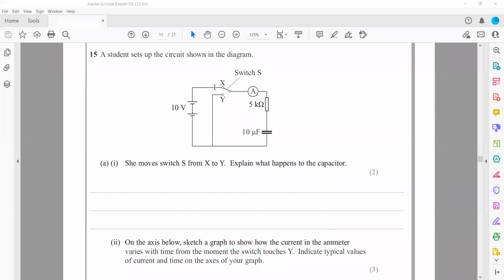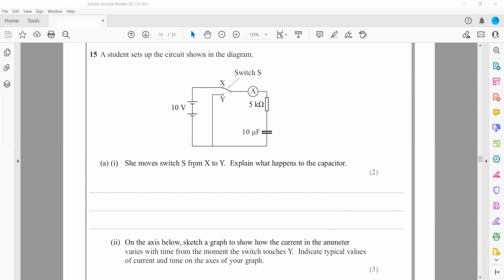In this question, a student sets up a circuit as shown. This is a circuit diagram. This is a two-way switch: when it is at position X, the capacitor will charge, and when it is at position Y, the capacitor will discharge.